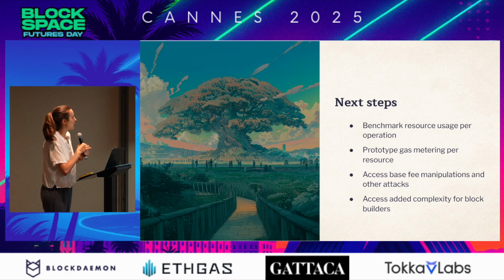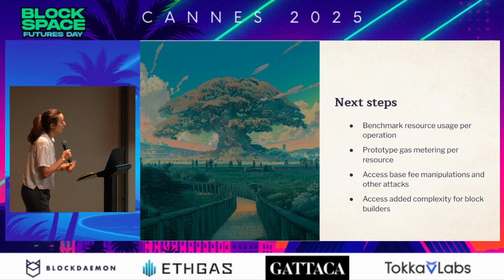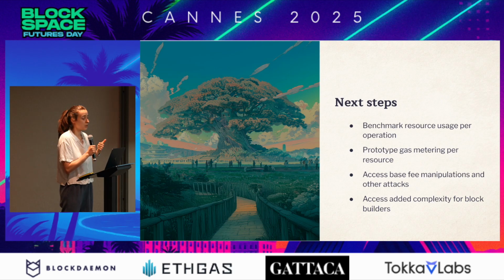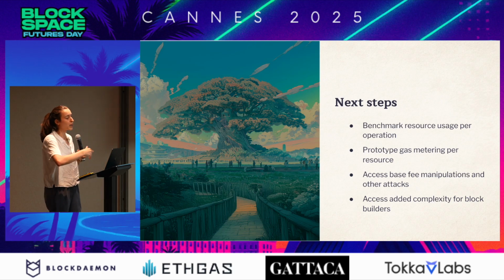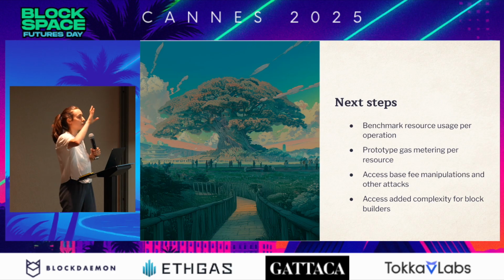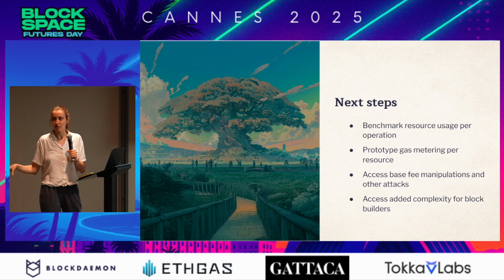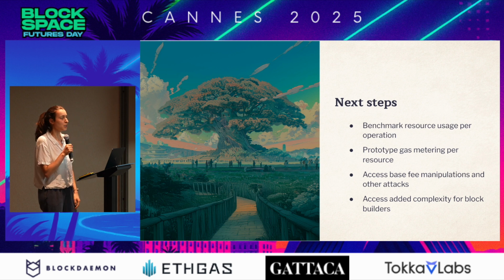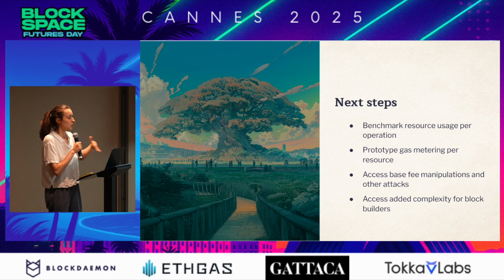So what are now the next steps? A big one is benchmarking resource usage per operation. That table I showed you before, where I said how do we actually go from limits in resources to gas units, was done initially when the EVM was being built, and it was not done with the clients we have right now because they were not built yet.